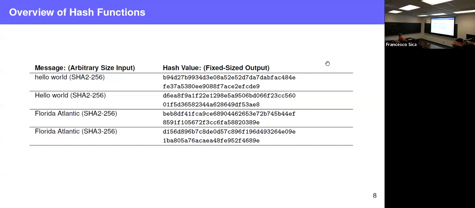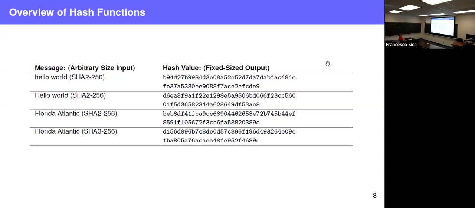Also, SHA-2 and SHA-3 each create a completely different hash digest for the same input message.